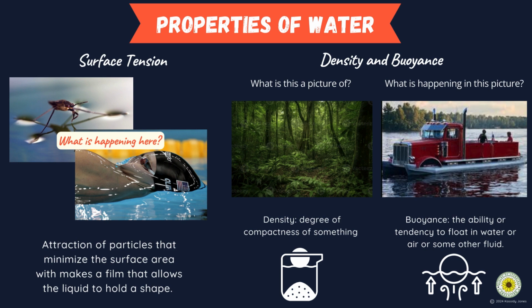And then you have buoyancy. Buoyancy is the ability or tendency to float in water or air or some other fluid. You can see that they have added some things to this truck so that it floats on water, and it increased the buoyancy in order for it to float.